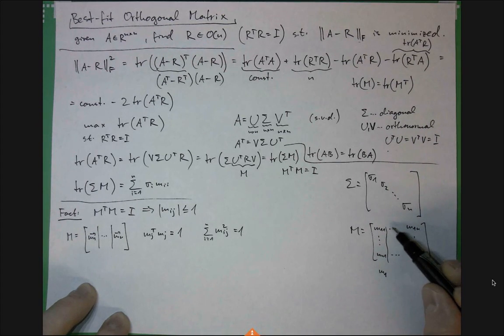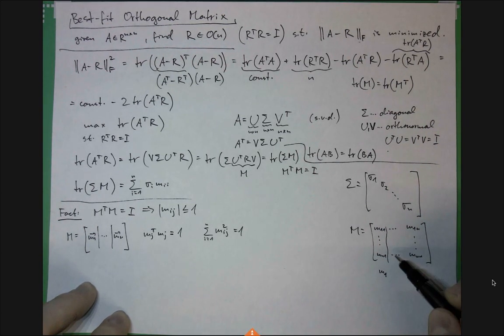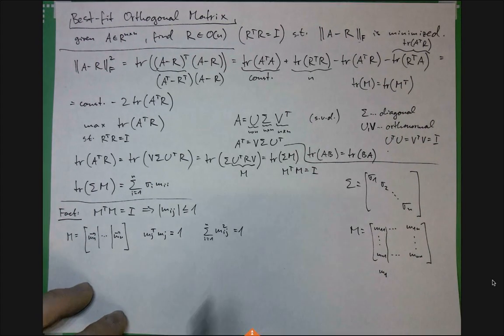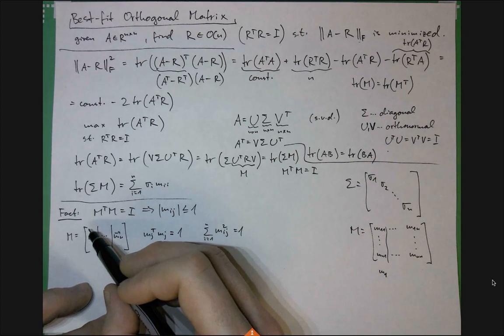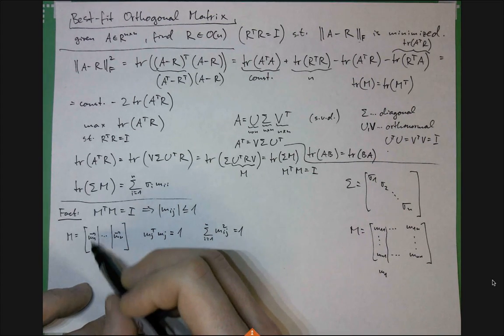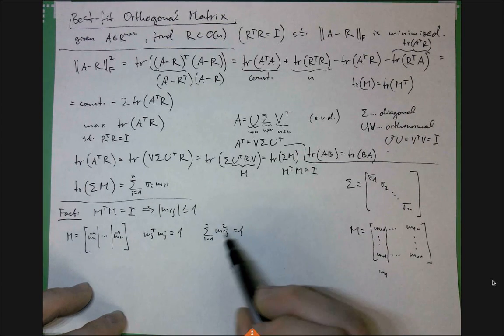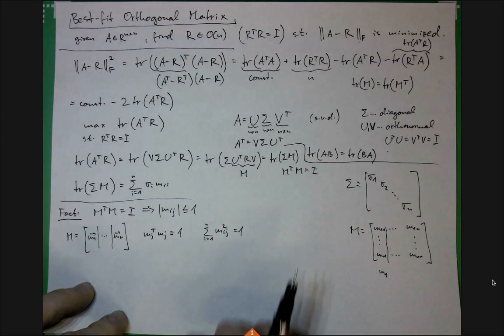Here would be column 2, which would have elements M12 to Mn2, and so on. And the point is that if I take all the components of the column vector and square them, I get 1, right?